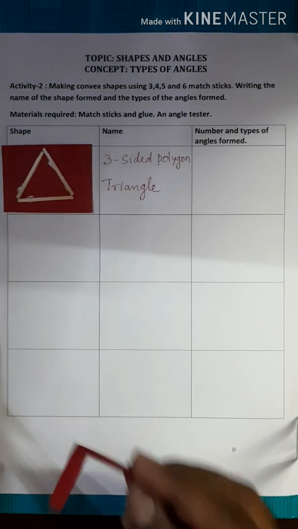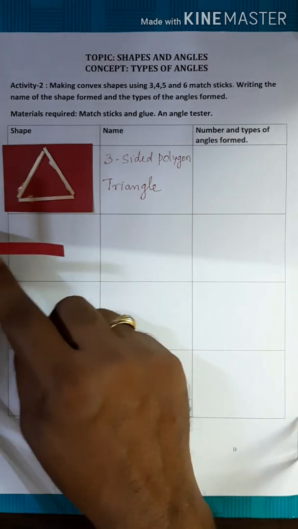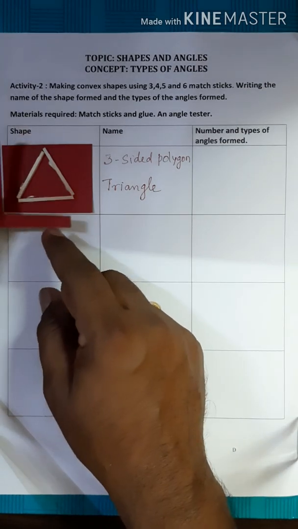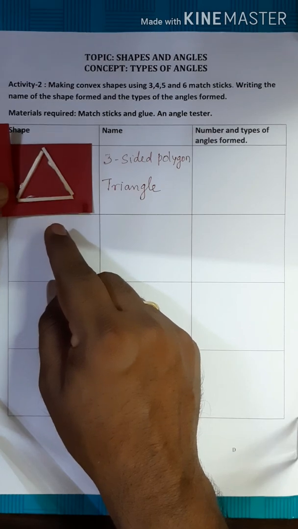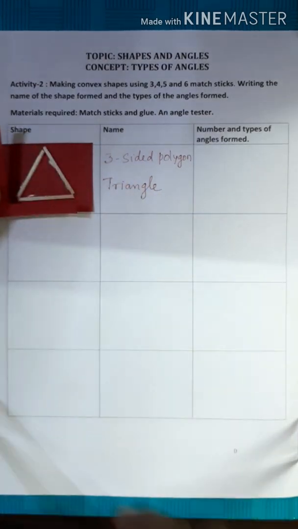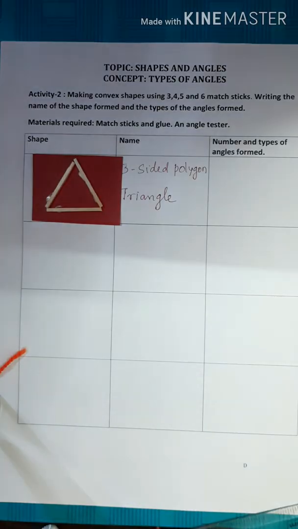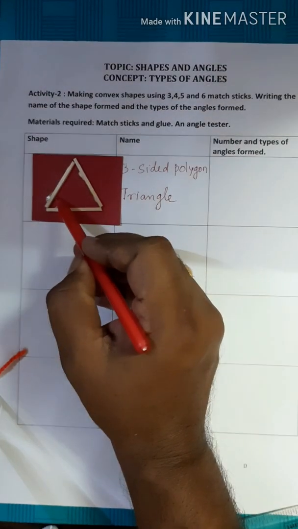Now I'll take the angle tester and keep the one edge of the angle tester on one line. You can just see the other line is crossing it. I'll take a different color angle tester so that it becomes more clear to you. This angle is less than 90 degrees.